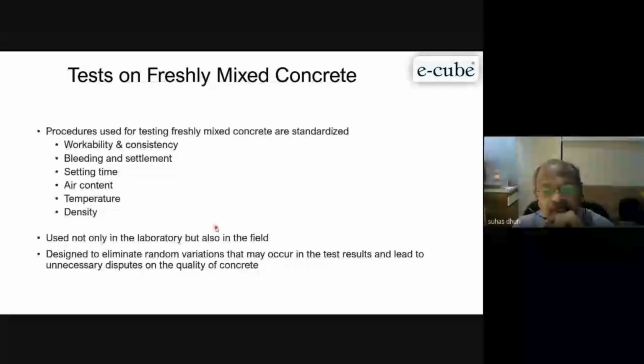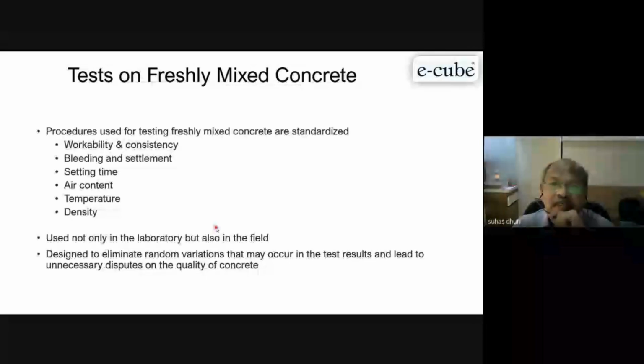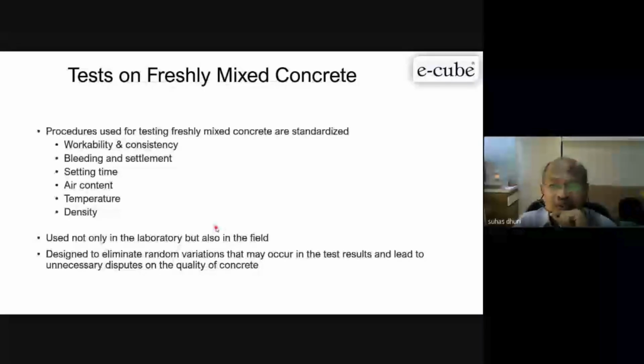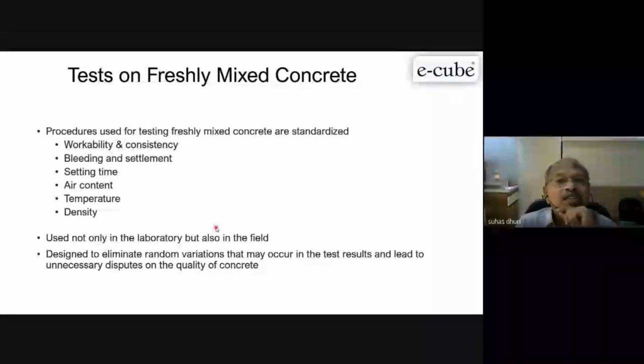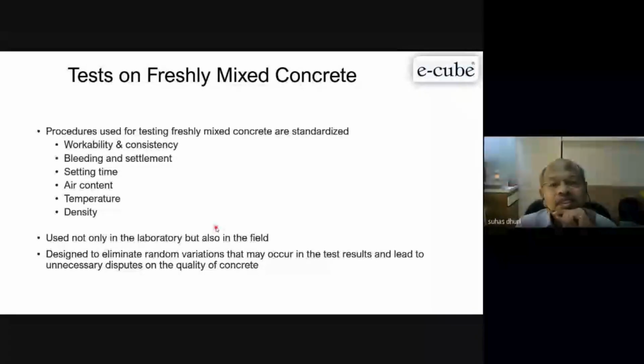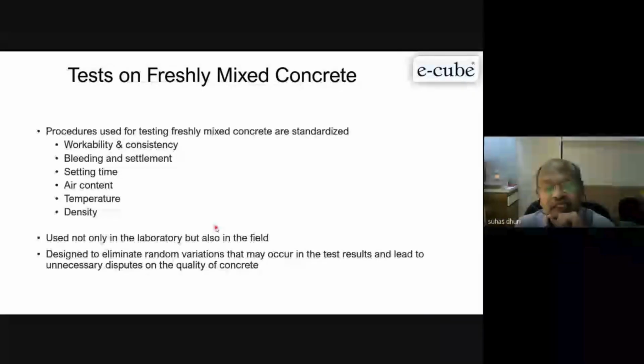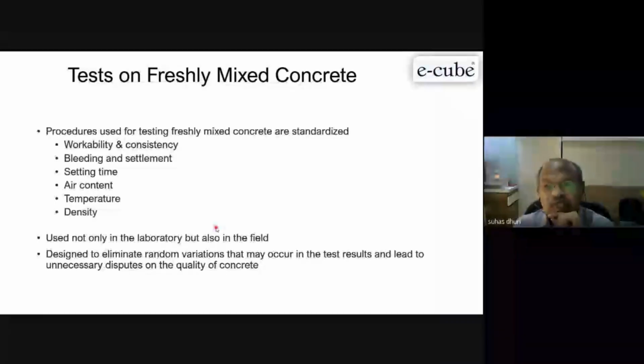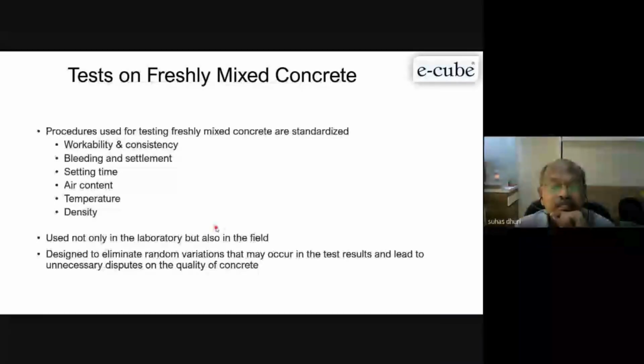So one has to be very careful: whenever you design a mix, your yield has to be checked. Meaning when I design for 1 cubic meter and I produce 1 cubic meter of concrete, my volume should match. If it doesn't match, then we have a lot of issues, commercial impacts. Also, there's an issue in mix proportioning. So that is very important, density of the concrete.